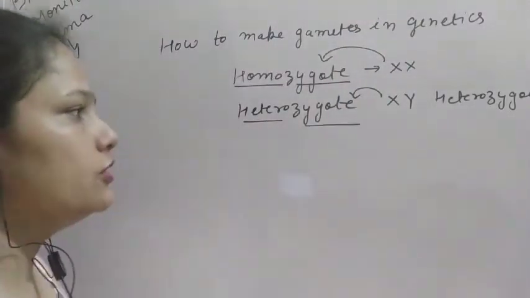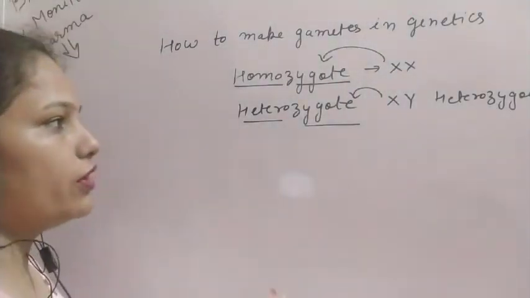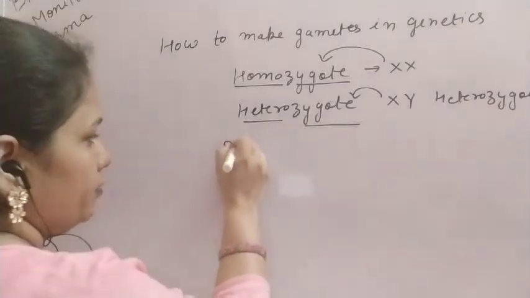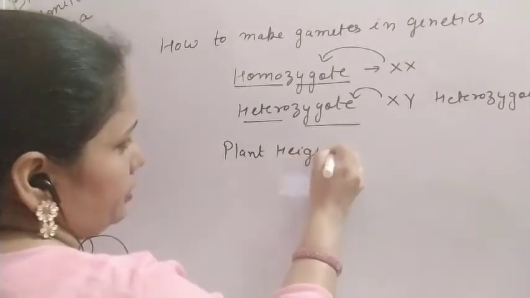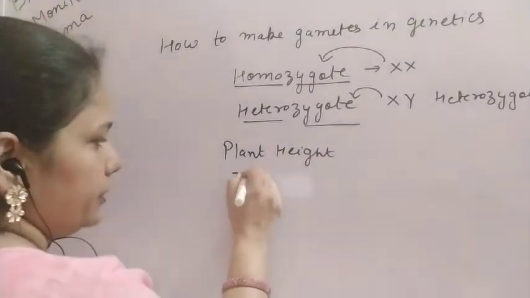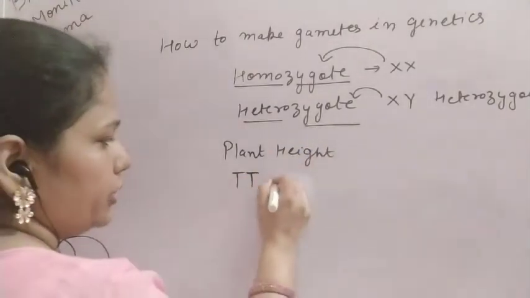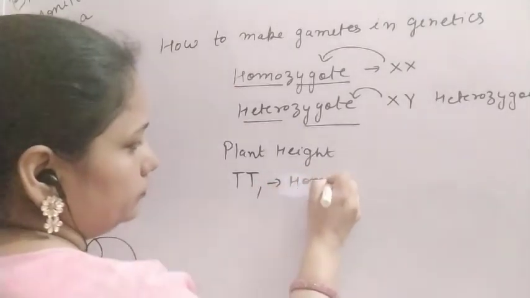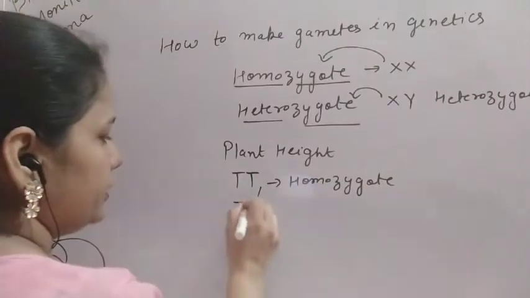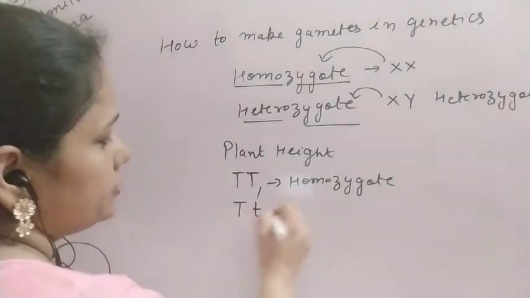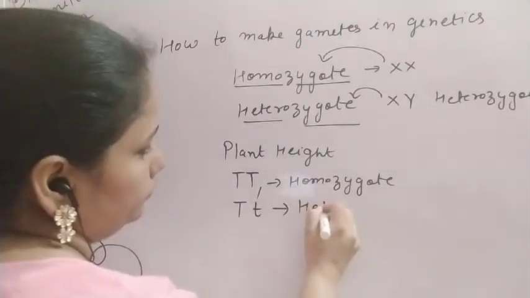We have studied the monohybrid cross. One character we have taken, that is the plant height. In plant height, if I am writing capital T, it is homozygote. And if I am writing capital T small t, it is heterozygote.